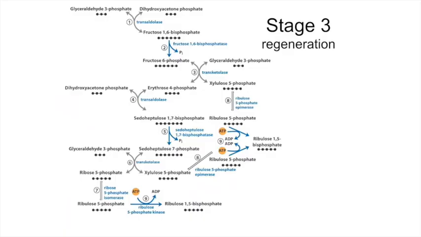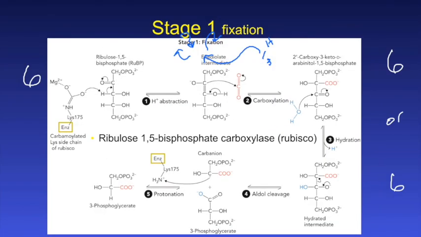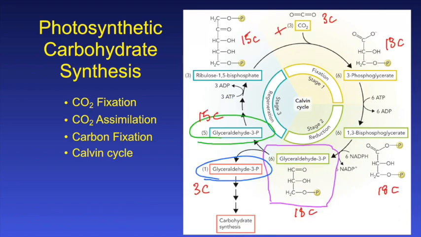Now let's go back and take a look. Really? Did I use 9? I used 6 here, and I used 3 there to produce, ultimately, this one extra 3-carbon intermediate that came from 3 CO2s that came in. So I used 9 of them.